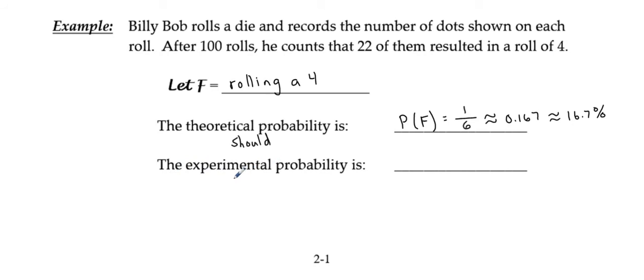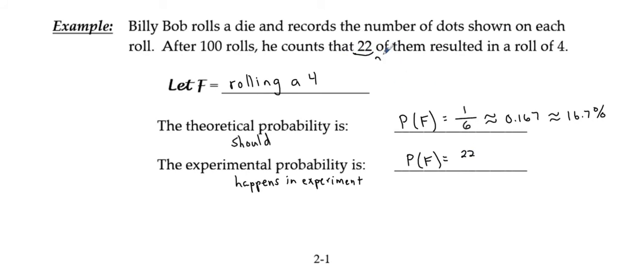Experimental probability, what actually happens in an experiment. So in this case, the probability of rolling a 4 is the number of favorable outcomes. So we rolled the 4 22 times.